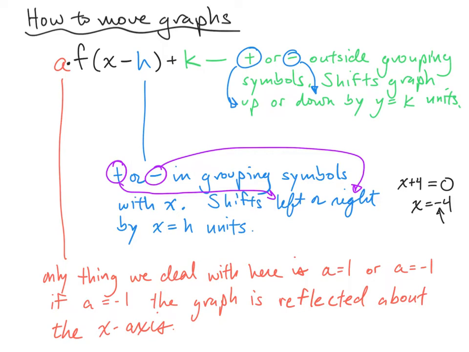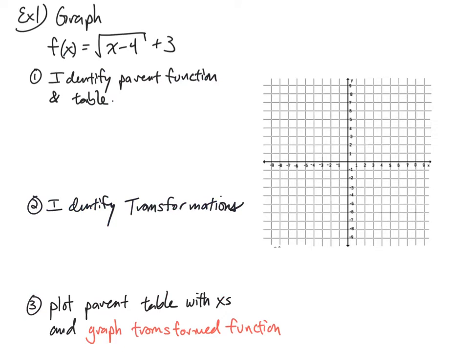It's similar to that. Let's take a look at 3 or 4 examples just to make sure you guys fully understand how this works. Example 1. We want to graph f of x equals the square root of x minus 4 plus 3. So the first thing we want to do here, and this is with all of them, you want to identify the parent function and the parent table.